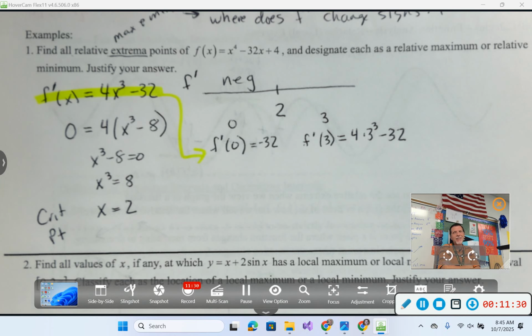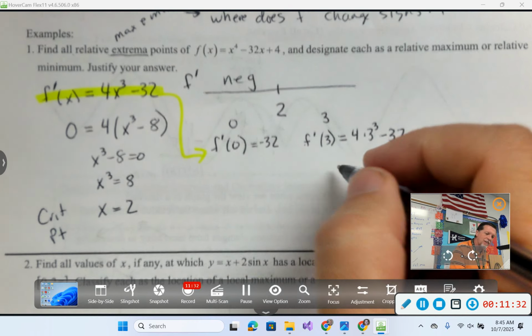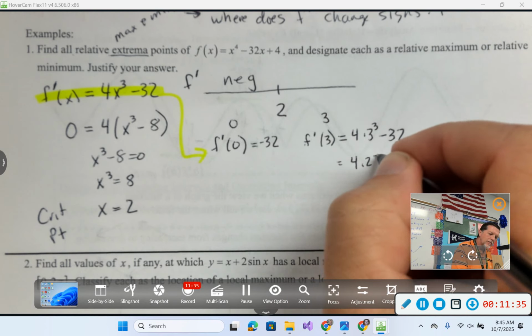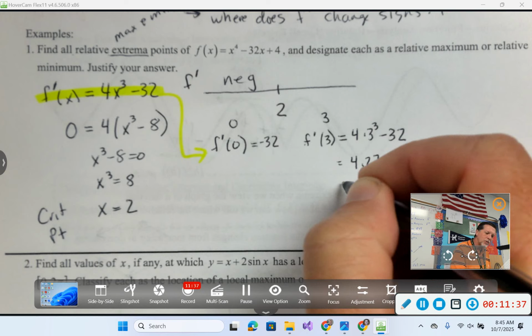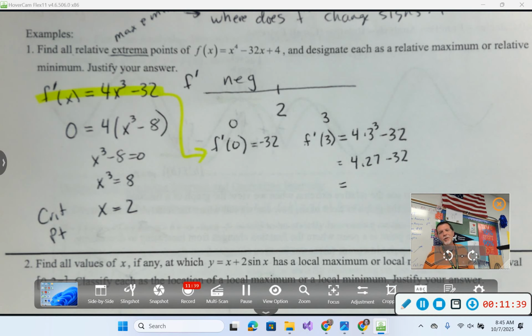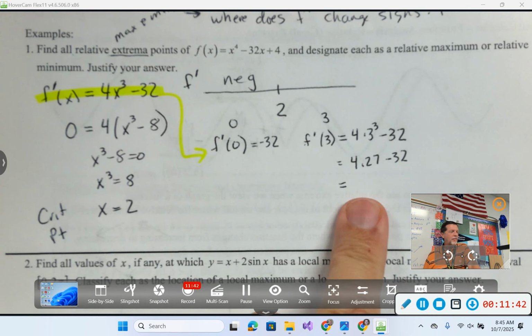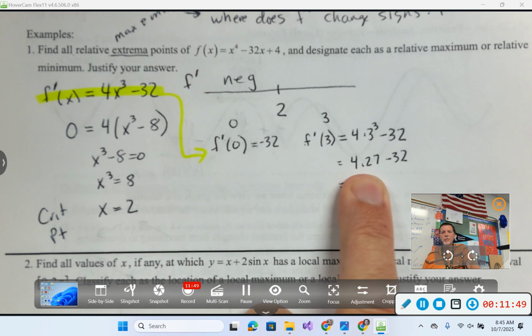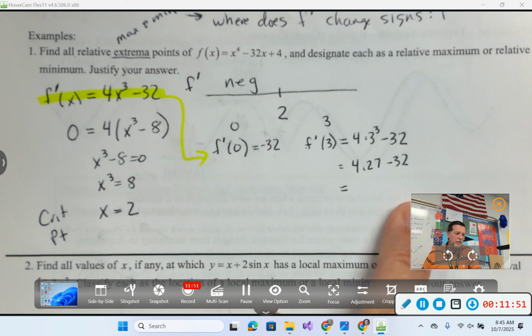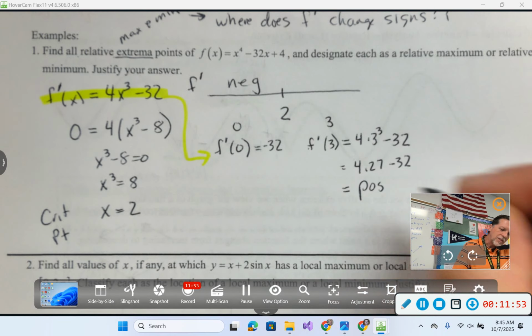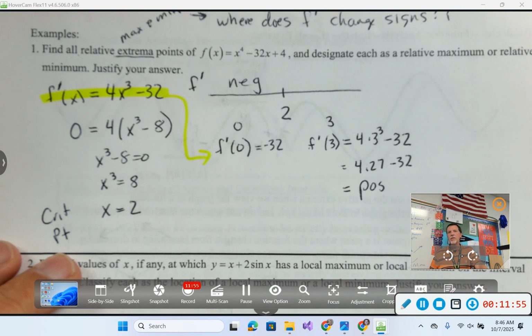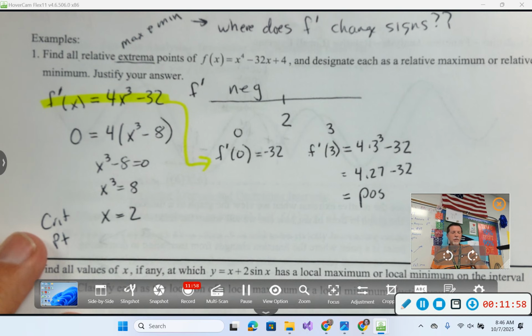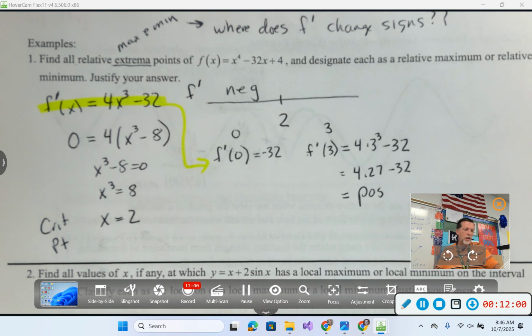Remember, I don't need the exact number. I just need to know if it's positive or negative. So 4 times 27 minus 32. I don't really want to do all of that. But I'm pretty sure that 4 times 27 minus 32 is positive. 4 times 25 is 100, so more than 100 minus 32 is positive. So you get a little slack on your calculations here. As long as you know negative or positive, you'll be fine.